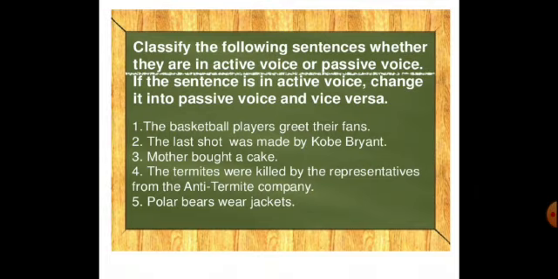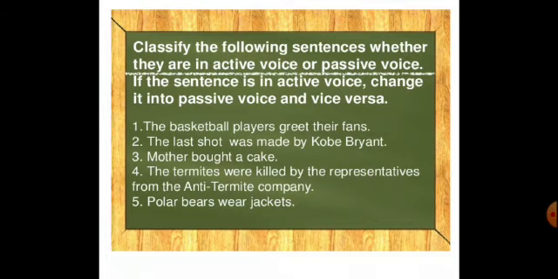You can do something now. You can pause and then start to do this in your grammar copybook, for example. And then we will go back to each other in order to check the answers that you did. You can pause and then write in your grammar copybook number one, A or P, which is active or passive, and leave a line below it.